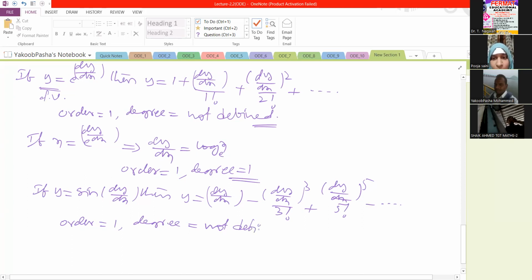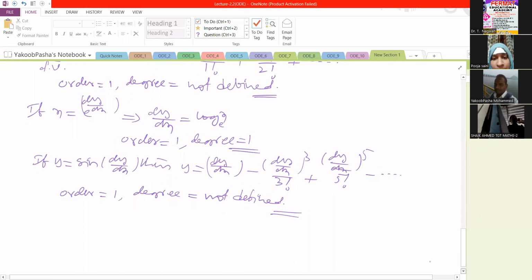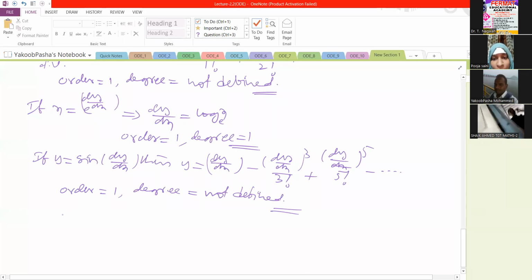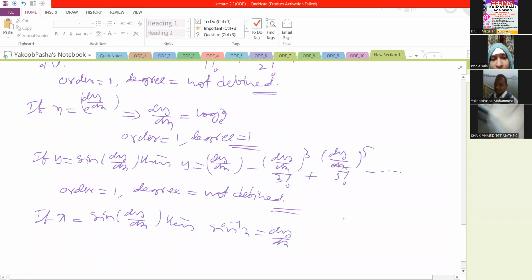Okay, now if y is the dependent variable, in place of it I am taking x independent variable. If x is equal to sine dy by dx, then we can't write sine inverse x is equal to dy by dx, because sine is not invertible in the whole interval.